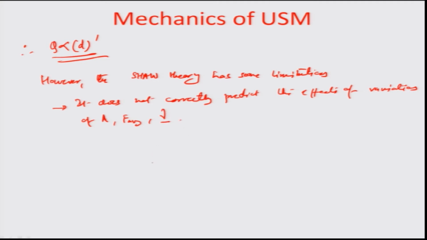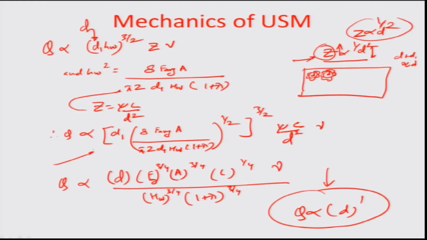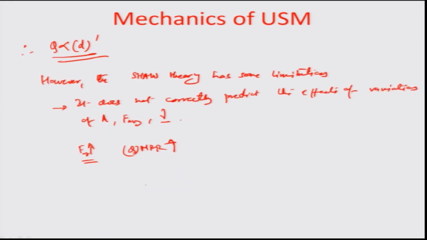So, obviously, if f would increase, the MRR should also increase, because as I earlier illustrated in the last relationship, Q is proportional to the force to the power of 3 by 4.